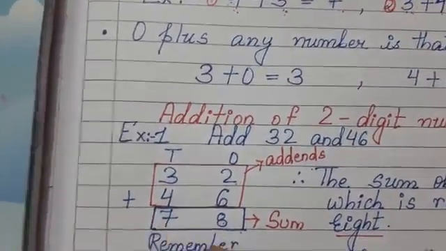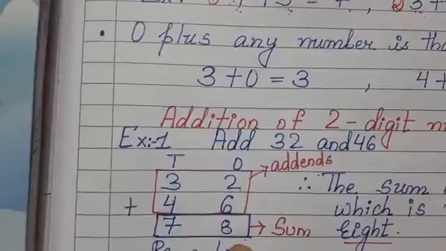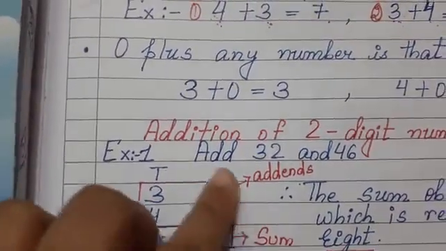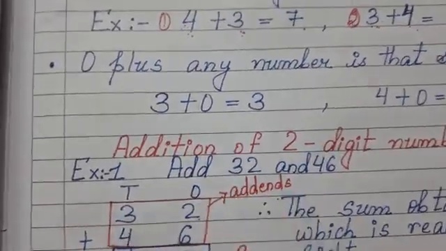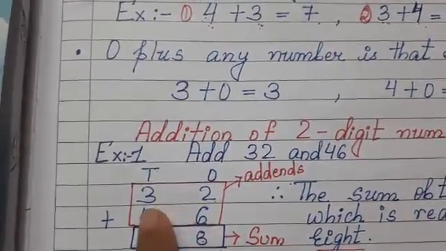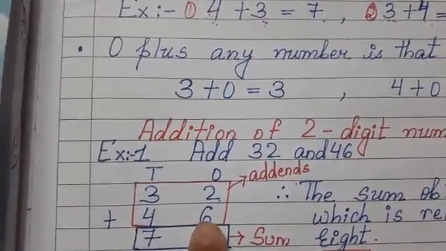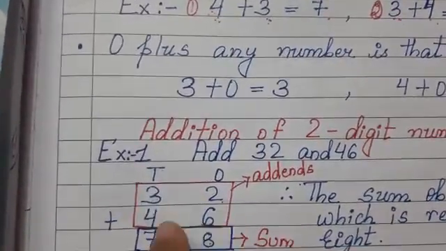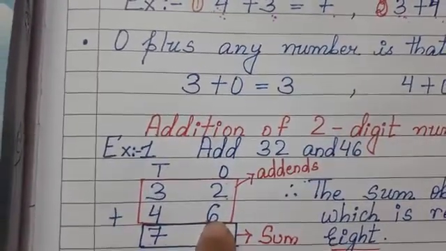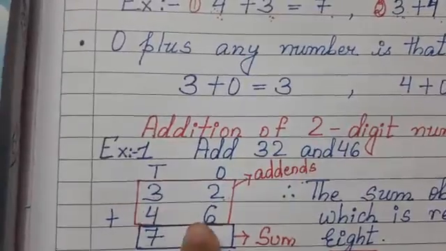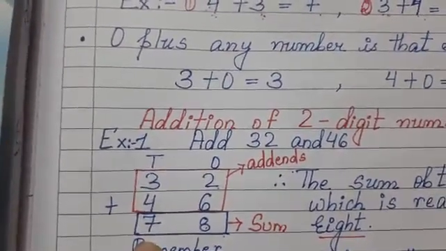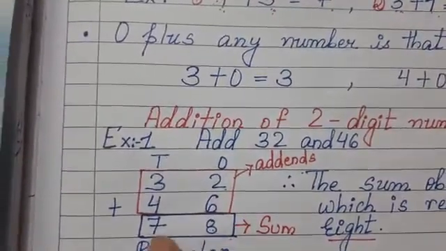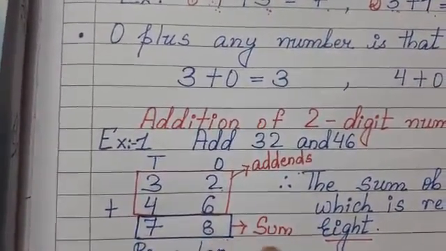So we got 78. And keep in mind that the numbers which are used for adding are called addends. The numbers we have used for adding, like 32 and 46, are called addends because these are the numbers we are using for addition. So 32 and 46 are addends and the answer which we get is called the sum. What do you mean by sum, children? The answer which we get is called the sum.